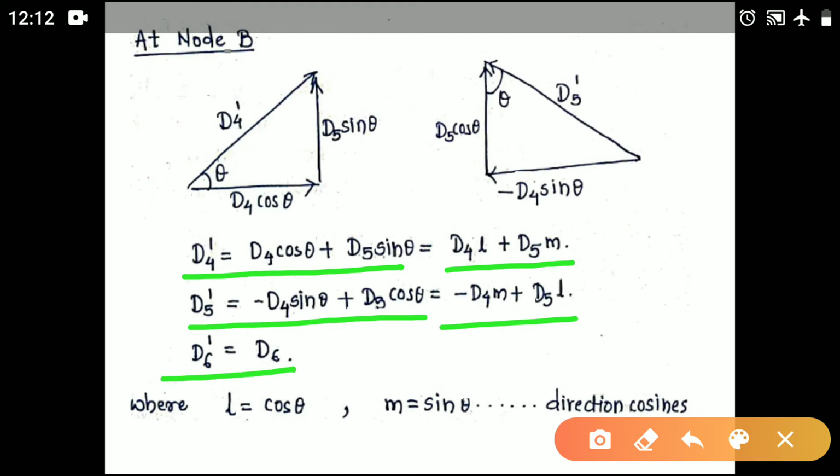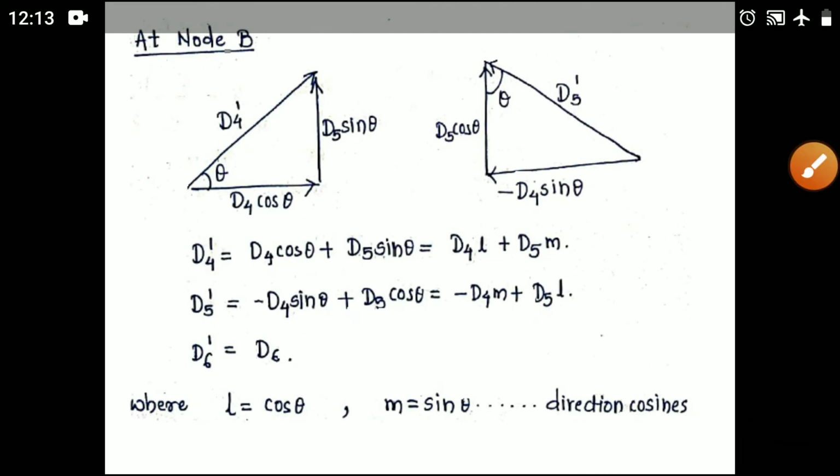And third is d6 dash is equal to d6. Here they are written as direction cosines: L is equal to cos theta, M is equal to sin theta.